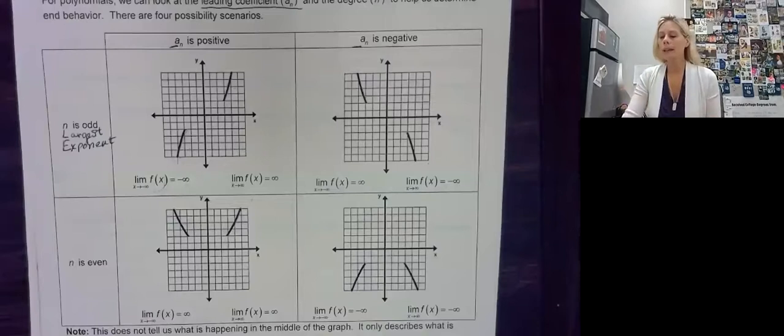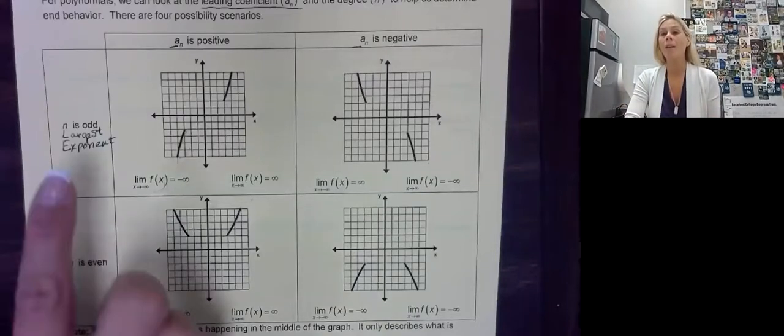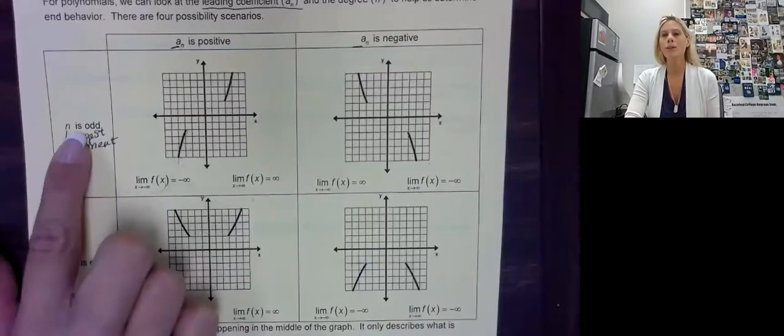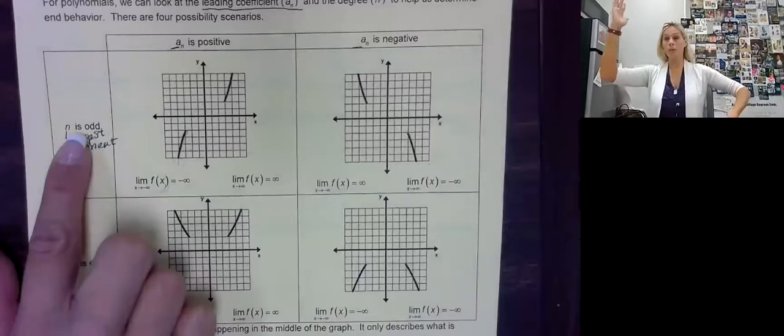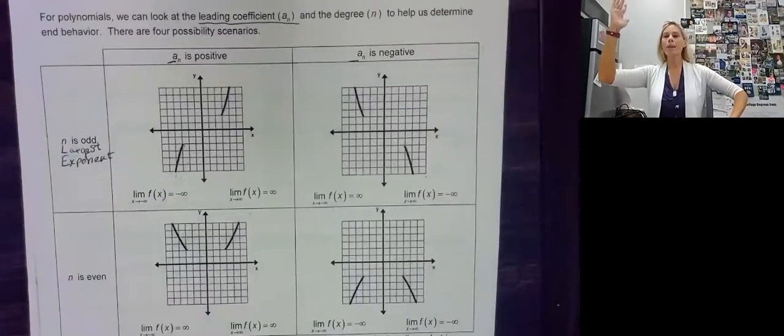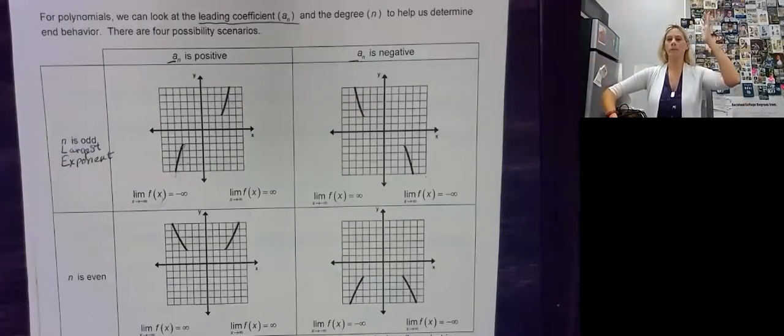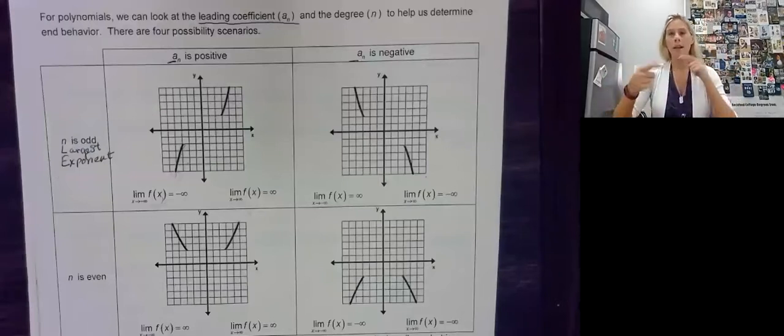So when you see that the largest exponent is an odd value, right away, I want you to start with your left hand down, your right hand up. So we're going to do a little dance, right? Then we look at the leading coefficient. If it's positive, we keep it the same. If it's negative, we flip it. Again, it might look the opposite to you right now because I'm recording.